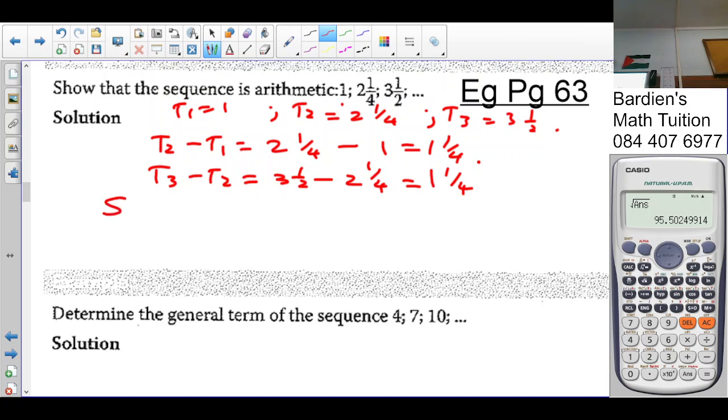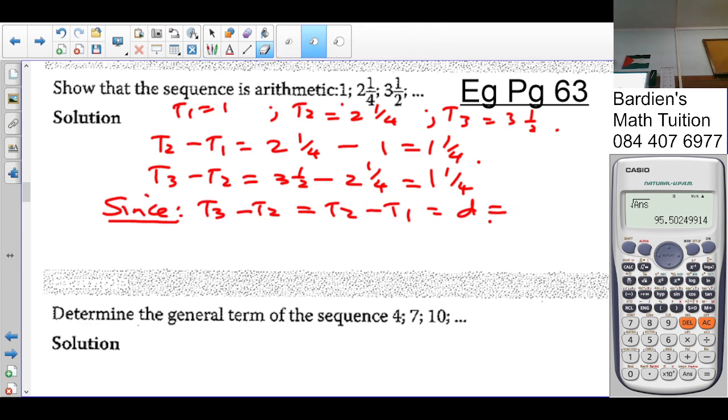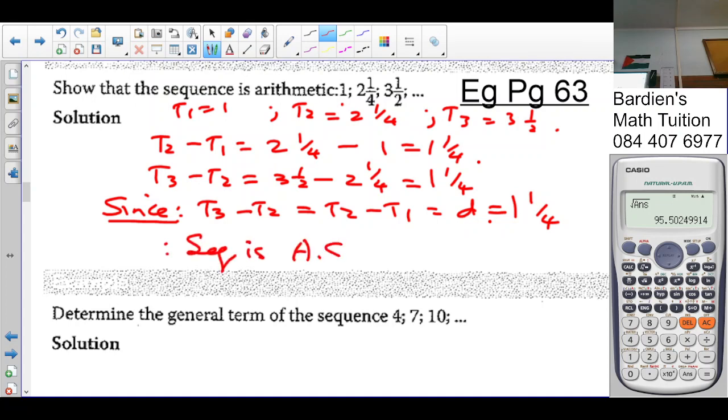That T3 minus T2 is equal to T2 minus T1, which is your D value, which is 1 and a quarter. Therefore, the sequence is an arithmetic sequence. You guys understand? What if term 3 minus term 2 was not equal to term 2 minus term 1? It's not an arithmetic sequence.